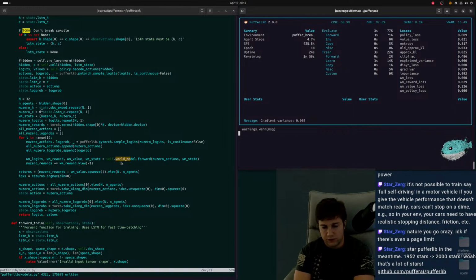I'm also wondering if we need to train it with shorter segments, since it only rolls out 5. Could be we need to train it with shorter segments.